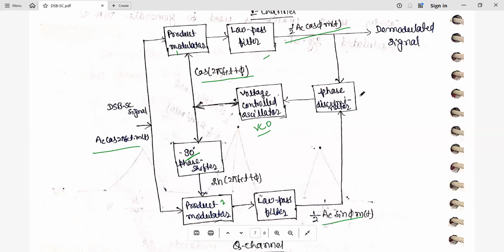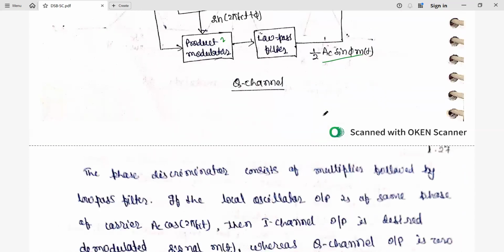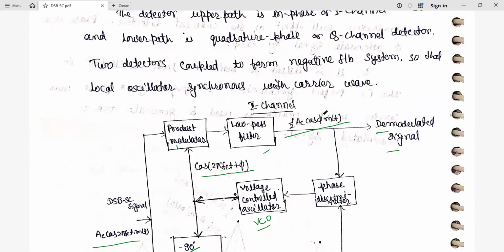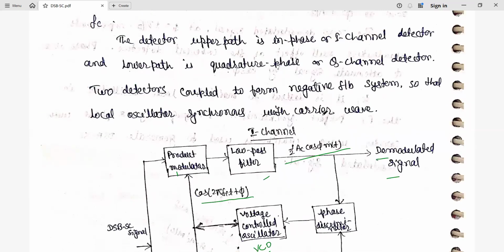Now, what is being generated by the local oscillator or VCO, if it has the same phase, then the I channel itself becomes the demodulated signal. If that does not occur, then we consider the Q channel also, and both are given to the phase discriminator.